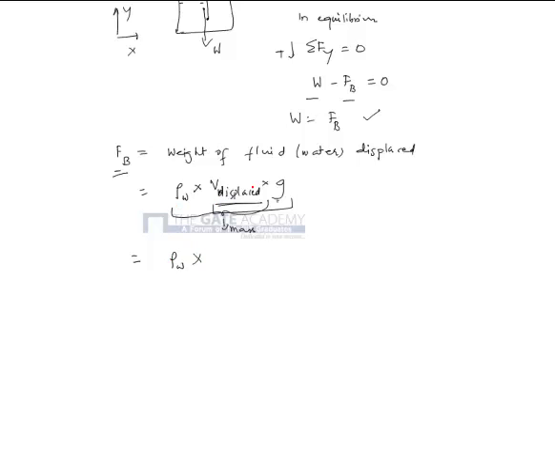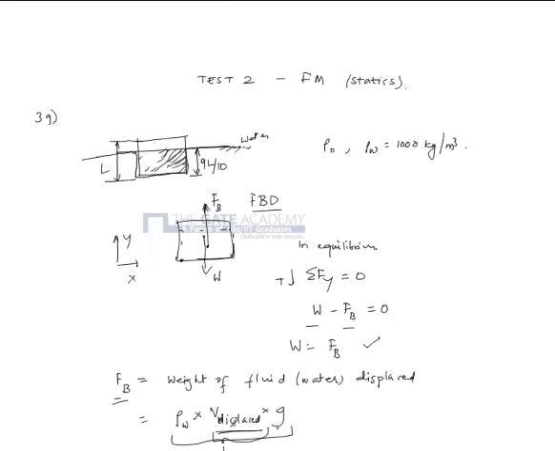The displaced volume is nothing but this length, because it's a cube, so this length, and the cross section will be again A. So the volume will be basically area of cross section into the length. Okay, so this is my displaced volume.